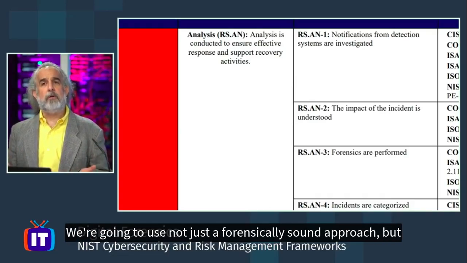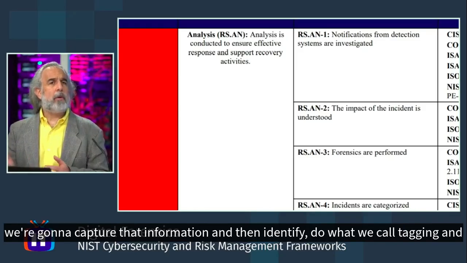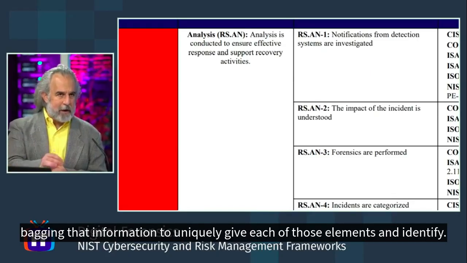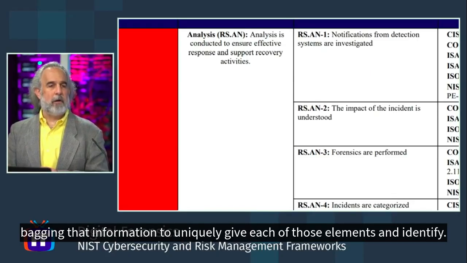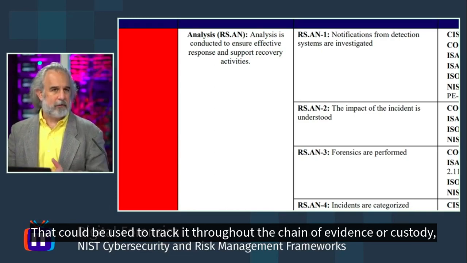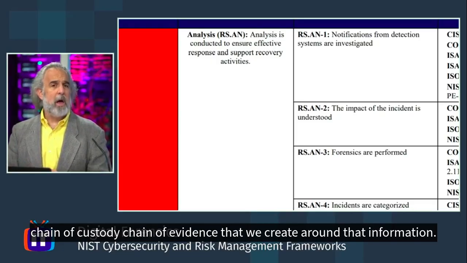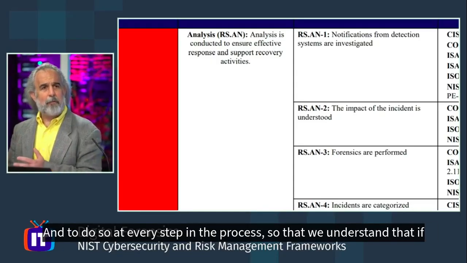We capture that information and then identify it, what we call tagging and bagging, uniquely giving each element an identifier that can be used to track it throughout the chain of evidence or custody that we create around that information, at every step in the process.